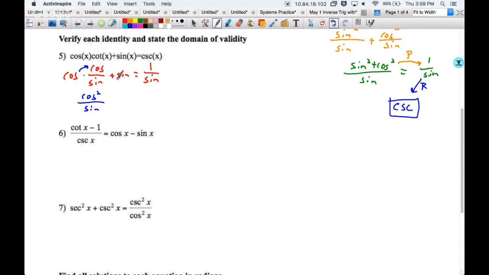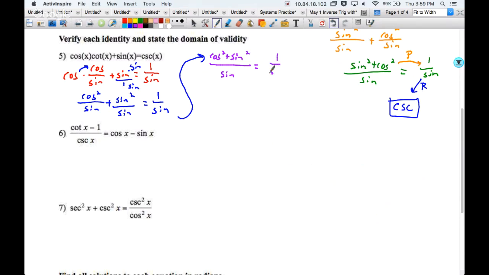We run into that same problem where this is a sine over 1. So I'm going to multiply that by sine over sine to get a sine squared over sine equals 1 over sine. All right, so now I've got cosine squared plus sine squared over sine equals 1 over sine.